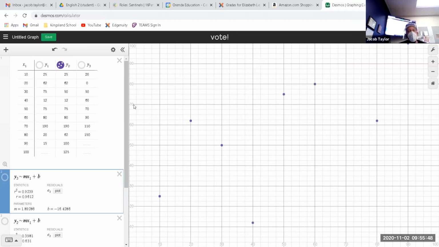And then moderate, I can tell that they're going up, but see this point right here? 40, 12. I wonder what would happen if I took that point out. What do you think would happen if I removed this 40, 12? Would the correlation become stronger, weaker, or stay the same? Let's find out.